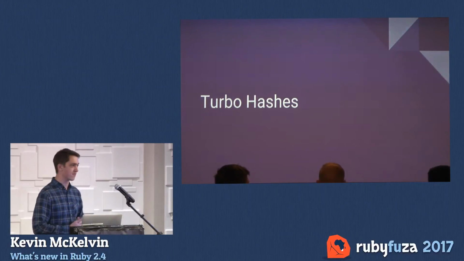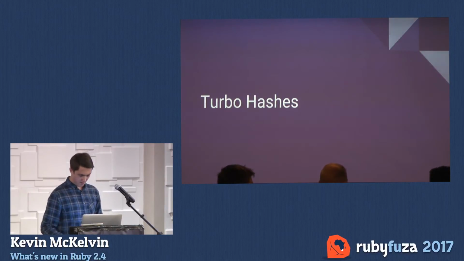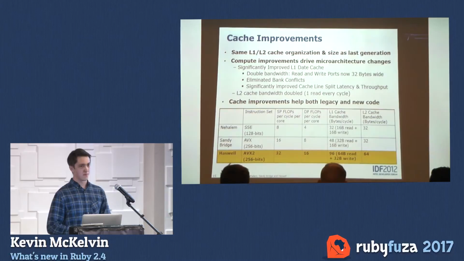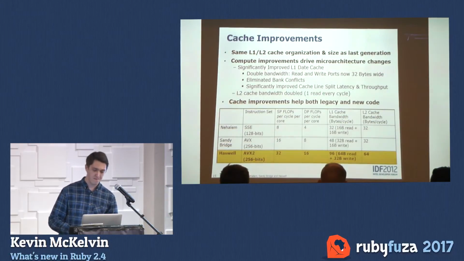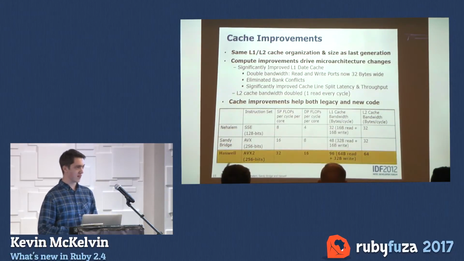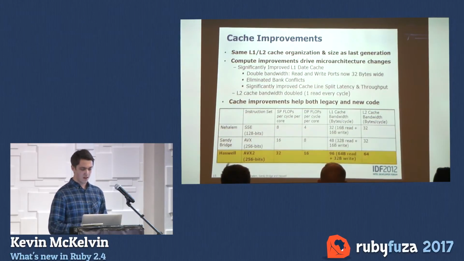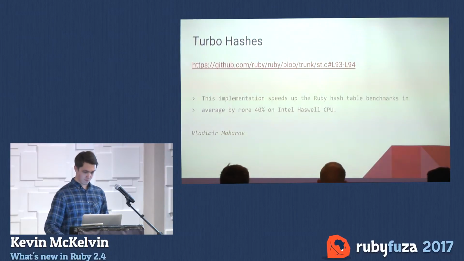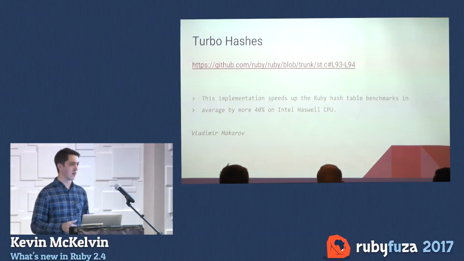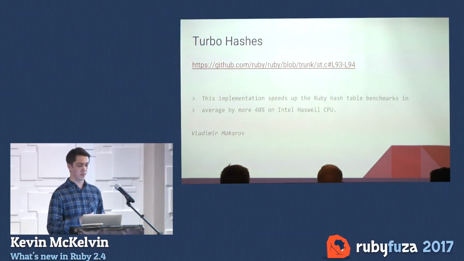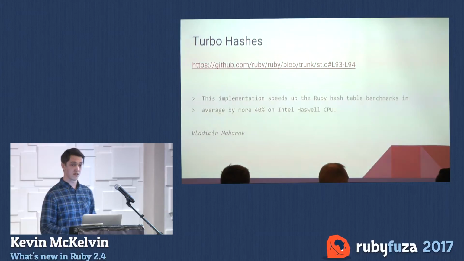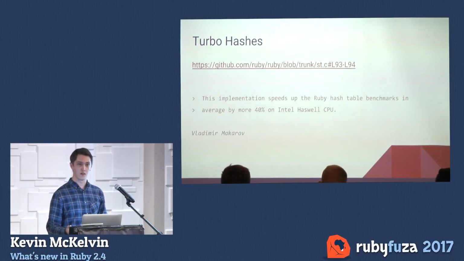Okay, this is where things get fun, turbo hashes. CPUs have been becoming pretty good lately. The Haswell chips that are running probably most server data centers now have quite a few improvements to the level 1 caches. Vladimir Makarov has done a really great job with the hash implementation in Ruby to take advantage of some of the speed improvements in L1 caching.